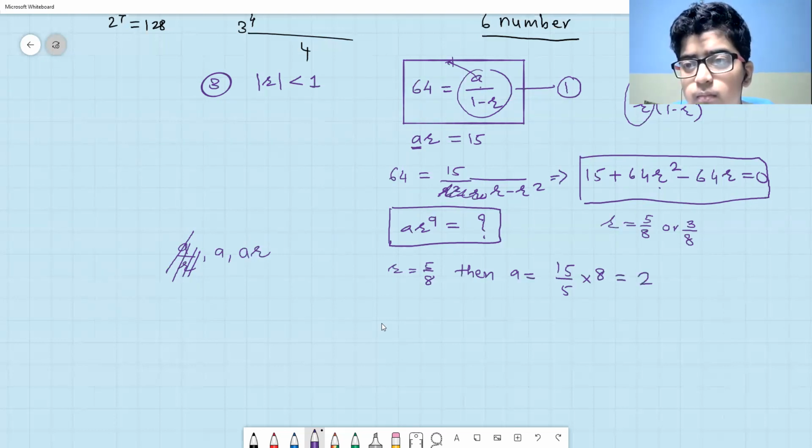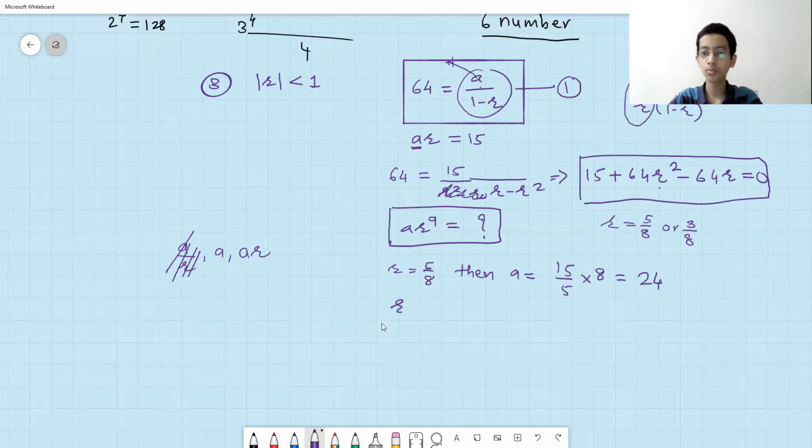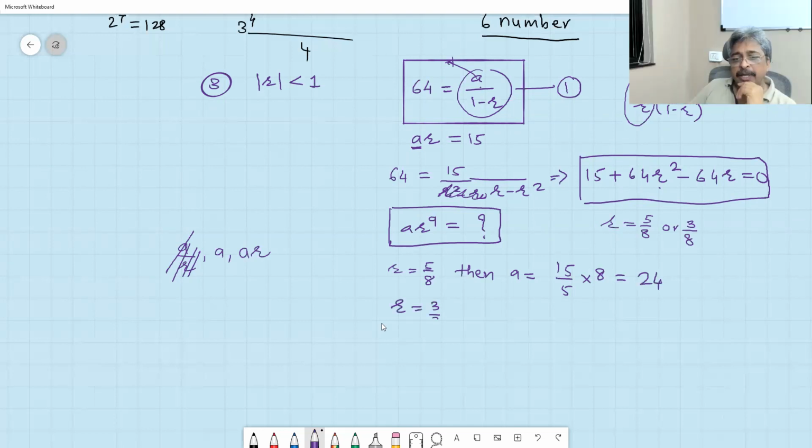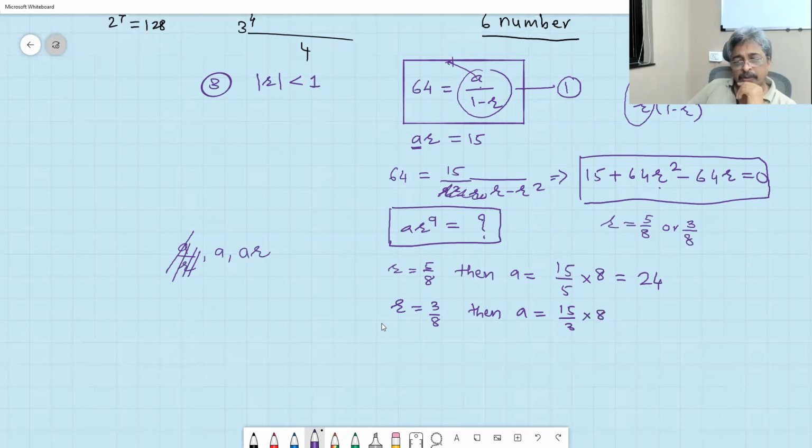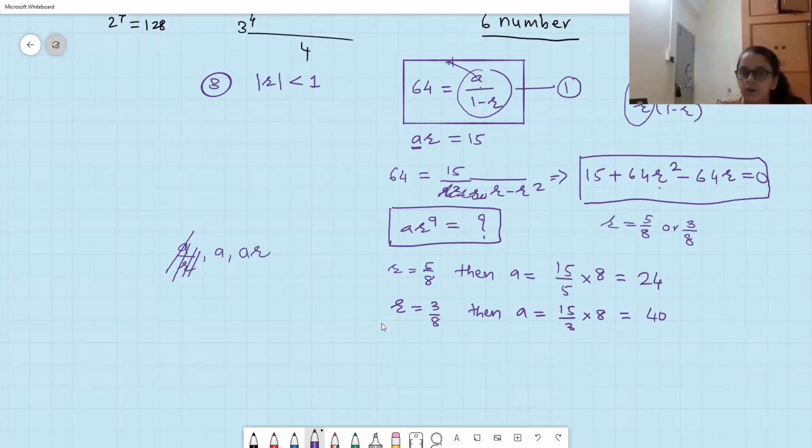If R is equal to 3 by 8, then A is equal to 40. So A values are dependent on R, and there are only 2 values of A and 2 values of R. Yes, sir. I got it. I accidentally mixed them up. Okay.